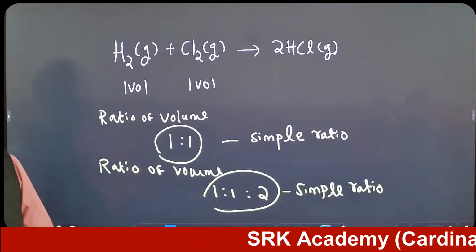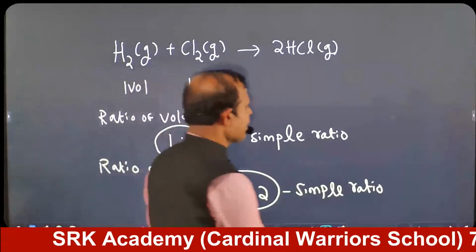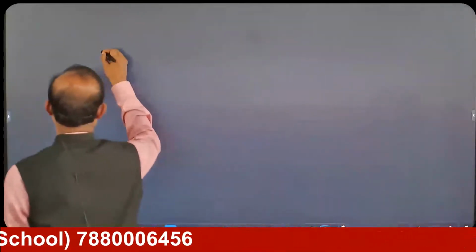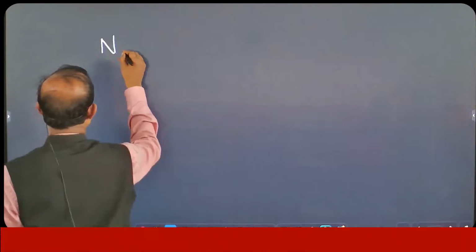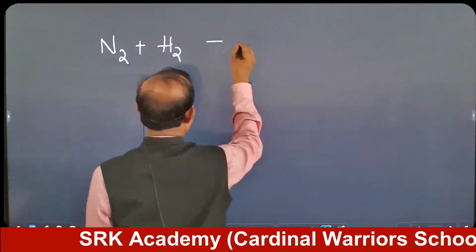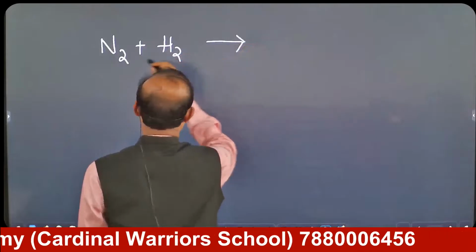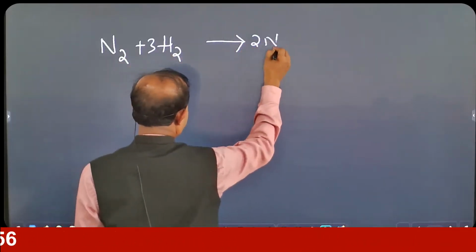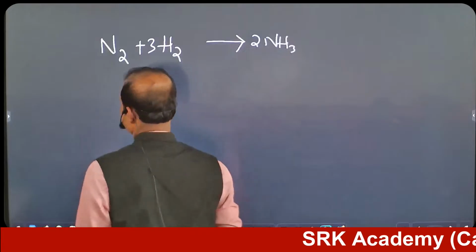Another example I am also giving you so that I can explain this law. N2 plus 3H2 gives us 2NH3. It's a balanced chemical equation right now, right?